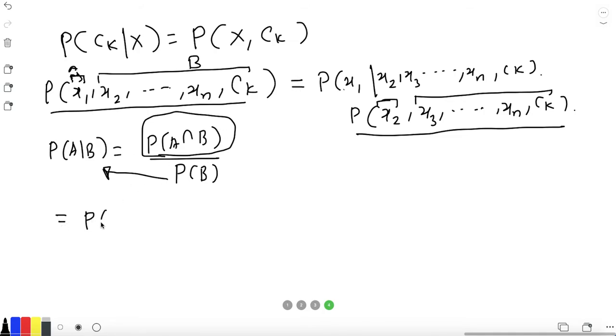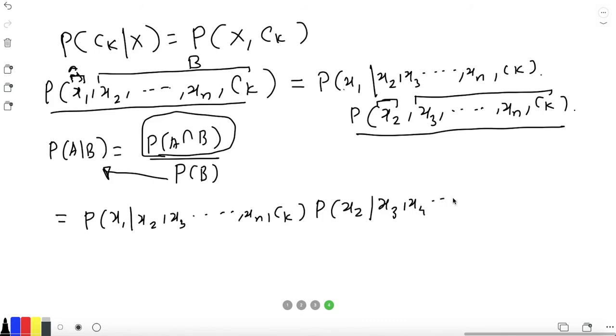I will have probability of x1 given x2, x3 up to xn, comma ck, and then applying the formula on this term, probability of x2 given x3, x4 up to xn, comma ck, that is probability of A given B, into probability of B. B is this term, probability of x3, x4 up to xn, comma ck.